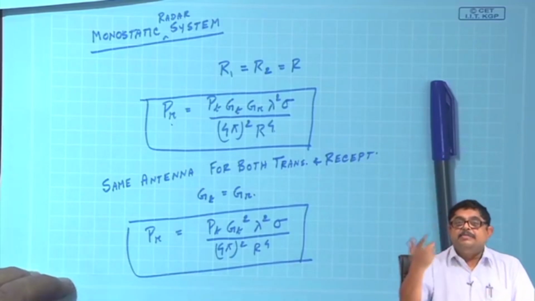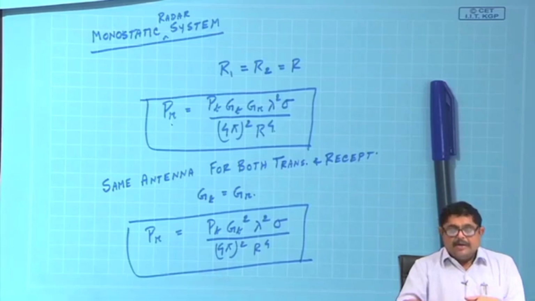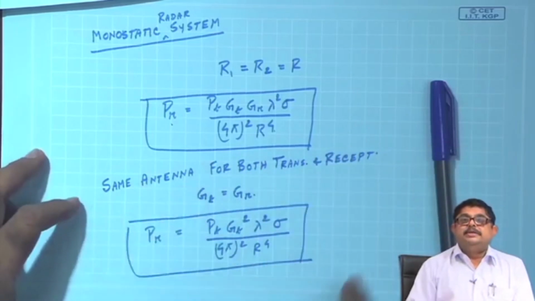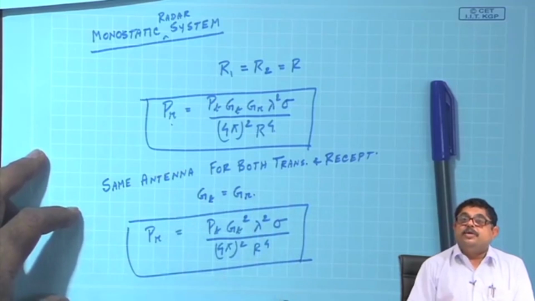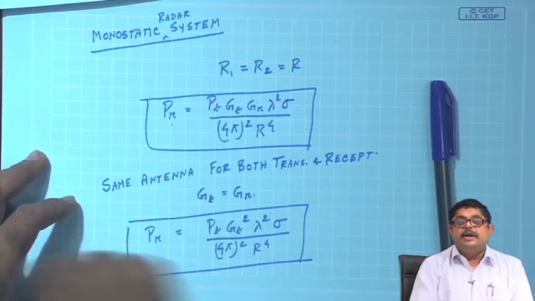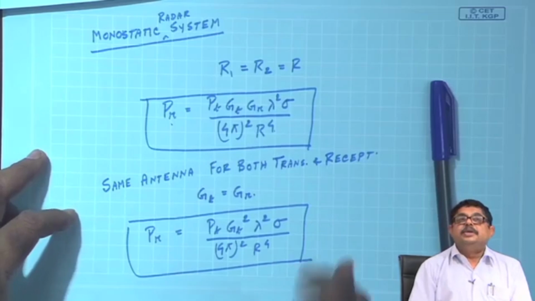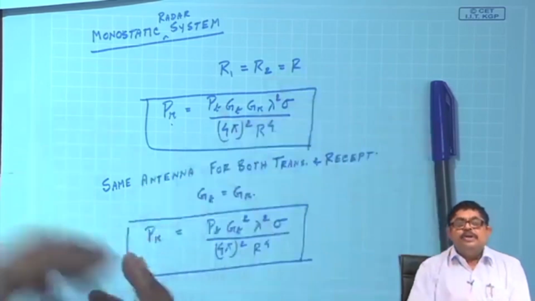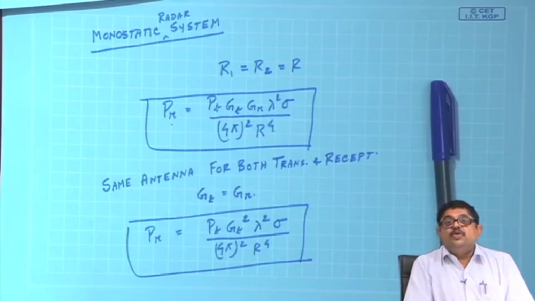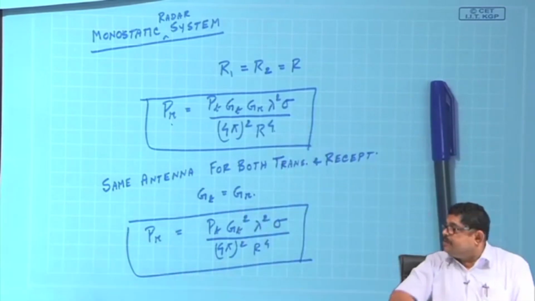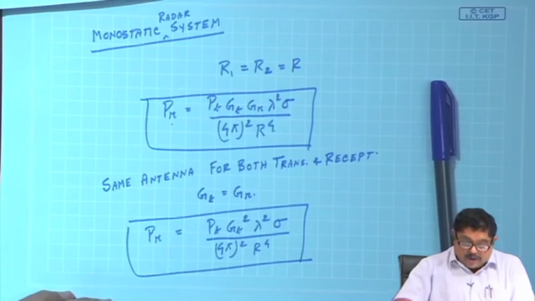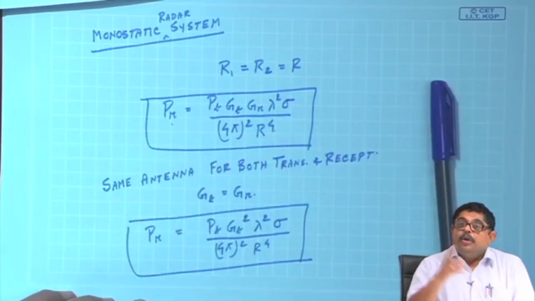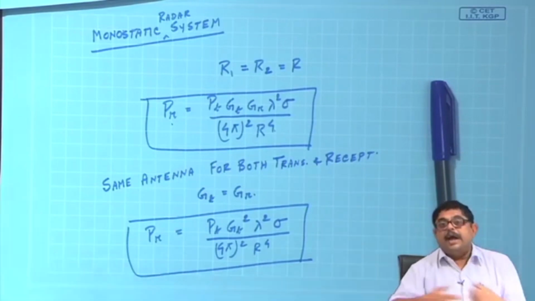What is the maximum range a radar can achieve? Unless I have modeled this in a mathematical form, I could not answer, but from this model I will be able to answer that. Also, how much power is required to have a certain range, and how much antenna gain is required given the power. All these questions I can now answer.